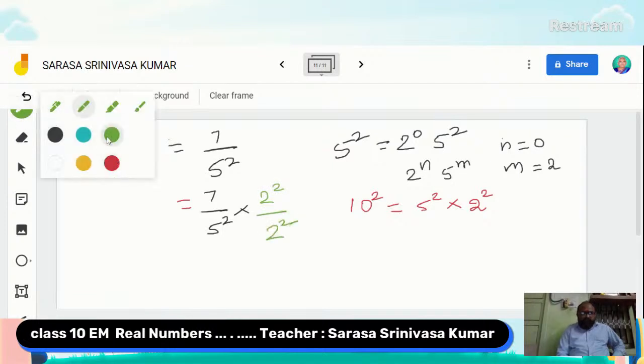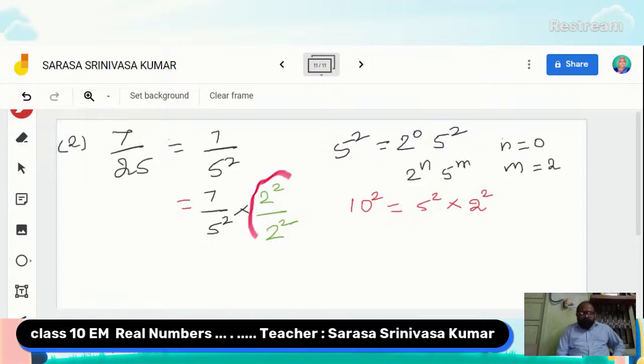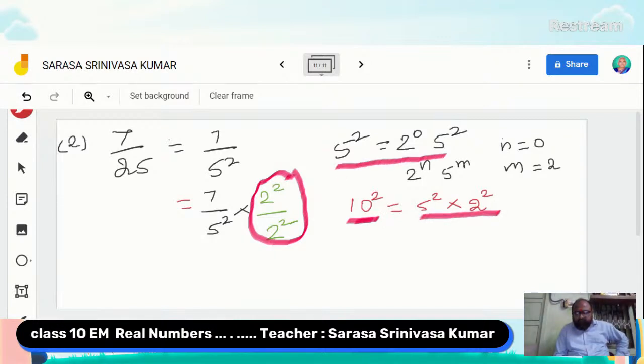Why should we do this? Why did we multiply and divide by 2 square? This is because we want to get 10 square in the denominator. 5 square can be expressed as 2 power 0, 5 power 2, and it is in the form 2 power n 5 power m formula.